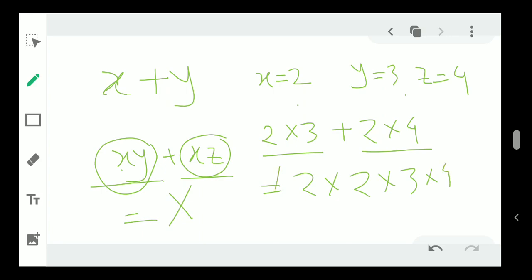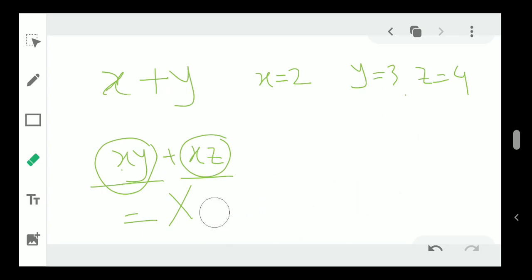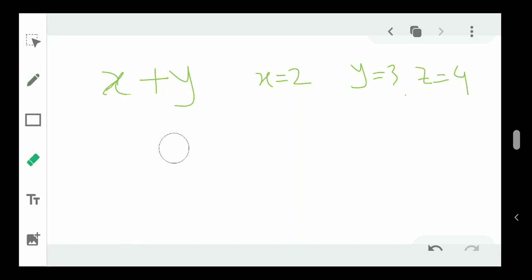Is this possible? No, it's not possible. So you cannot add them like this. Okay, you can solve them once you get their values. Understood?